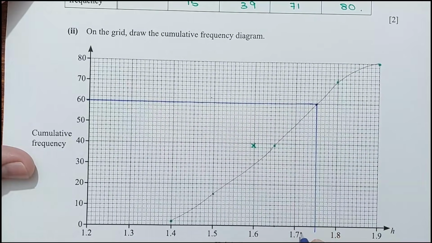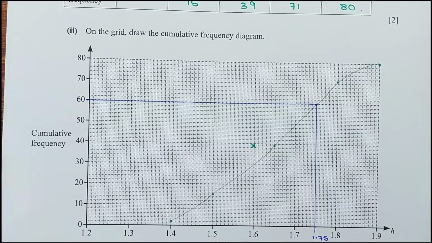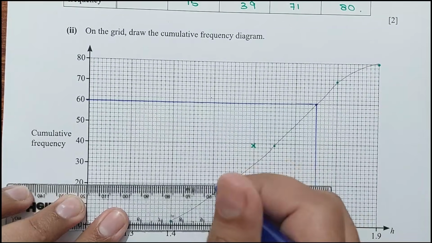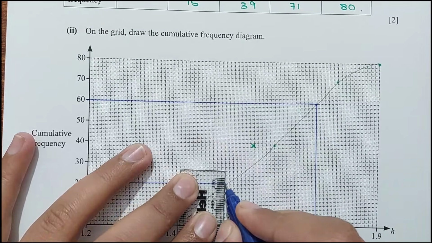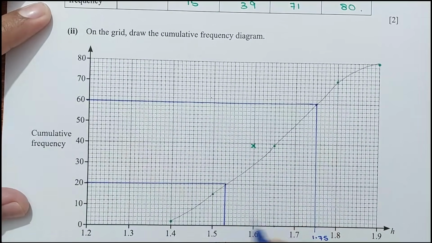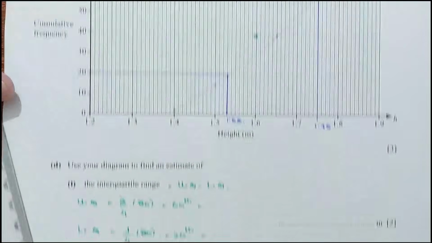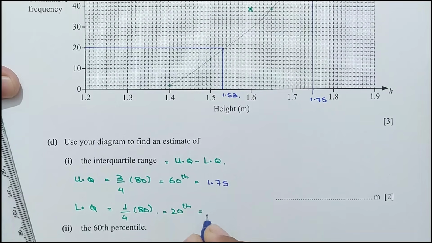Okay, 1.7, 1, 2, 3, 4, 5, 1.75, right? Now the 20th value is 1.5, 1, 2, 3, 1.53, right? So this would be 1.75 and this is 1.53.